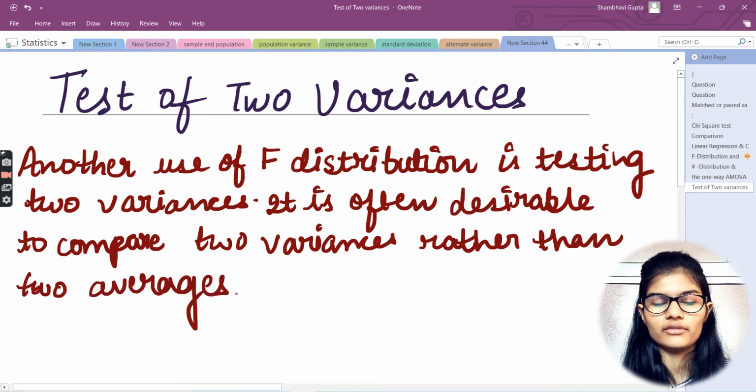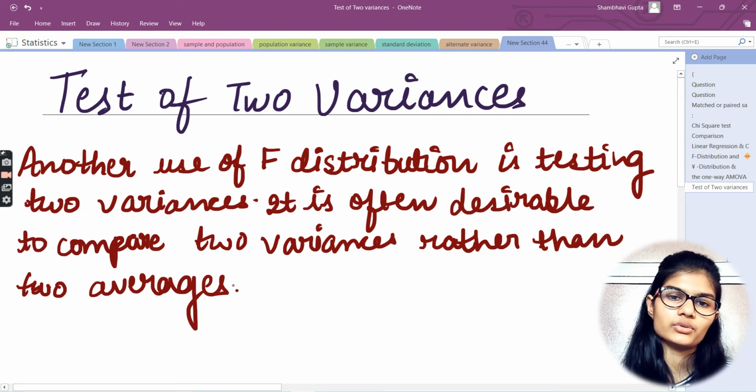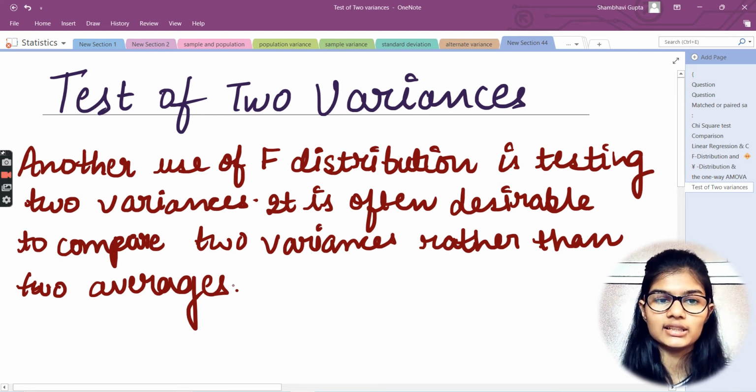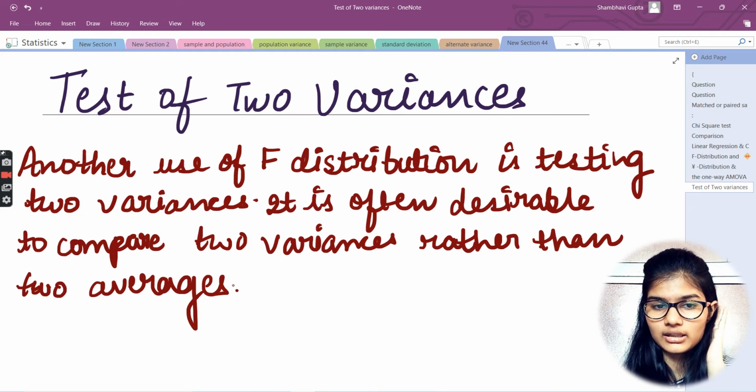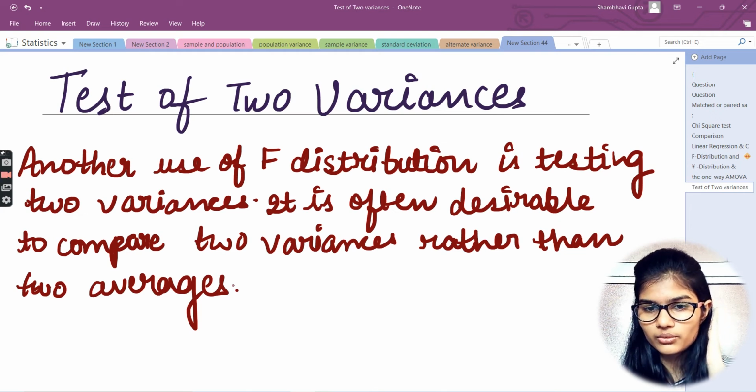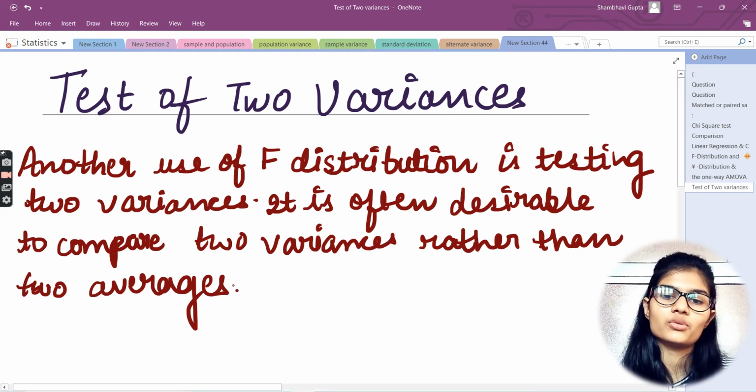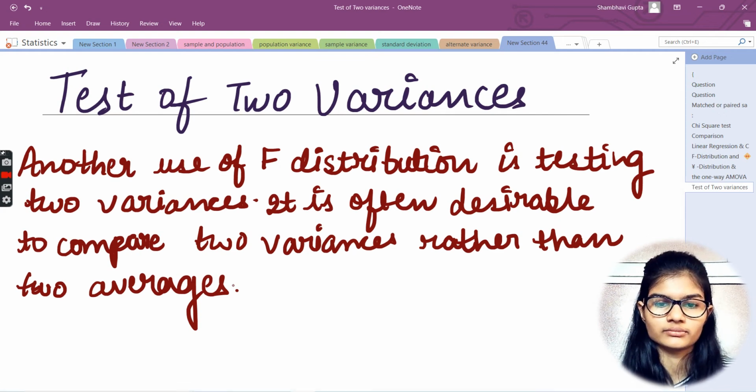So basically we often want to compare two variances rather than comparing the two averages.